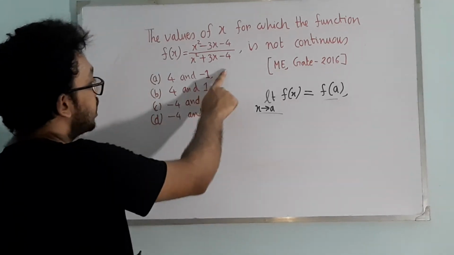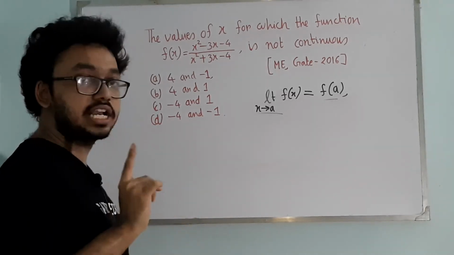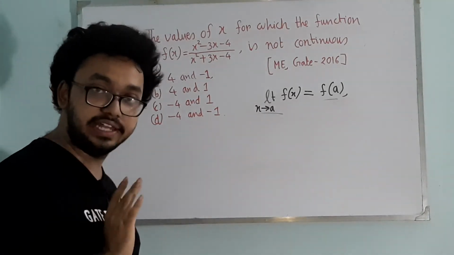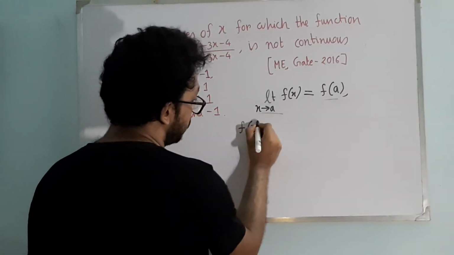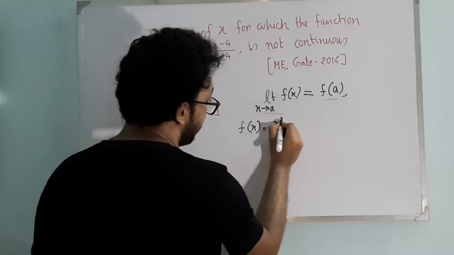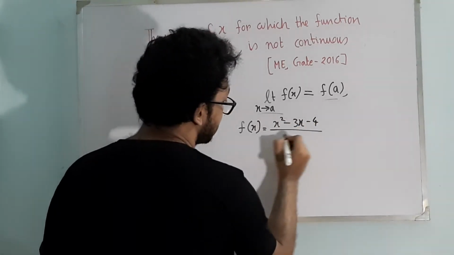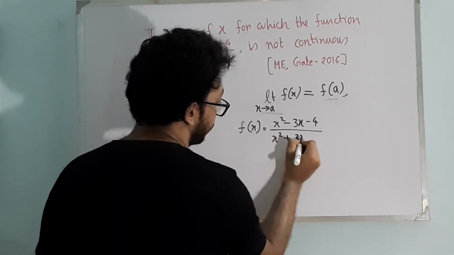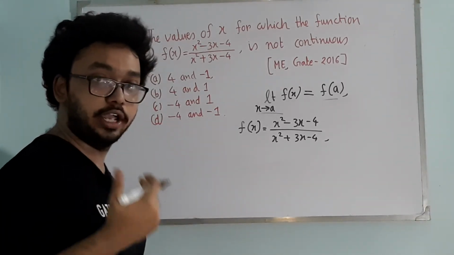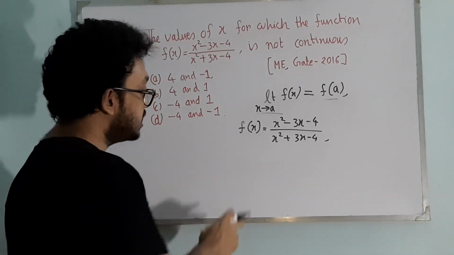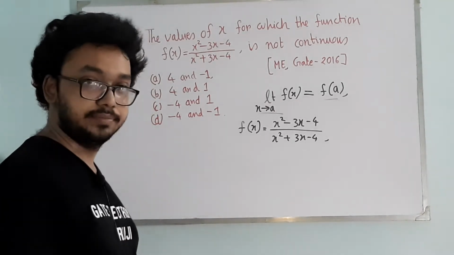So I have a function and this function will clearly not be continuous at those points where it is not defined, right? I have the function f(x) = (x² - 3x - 4)/(x² + 3x - 4).